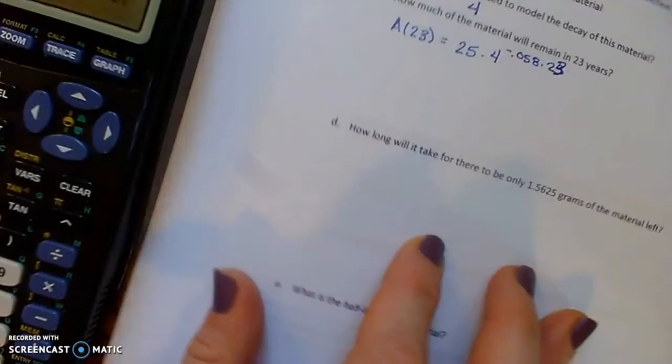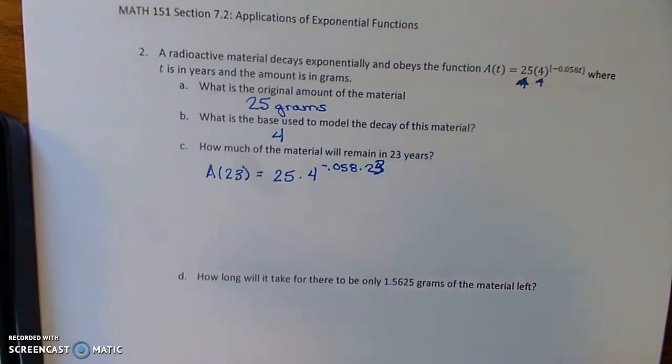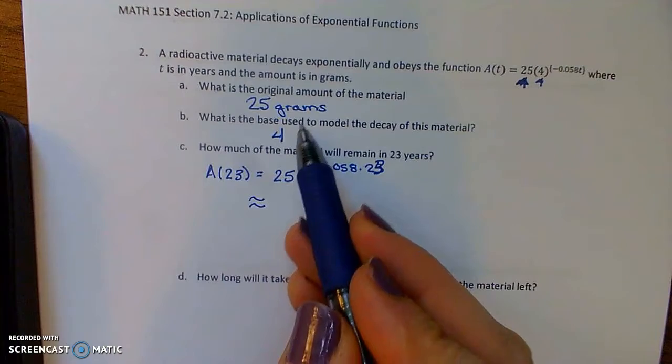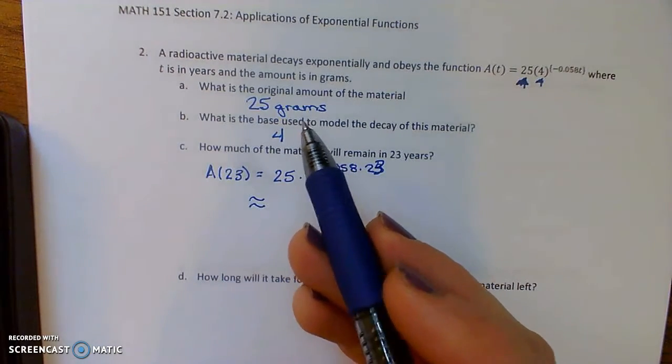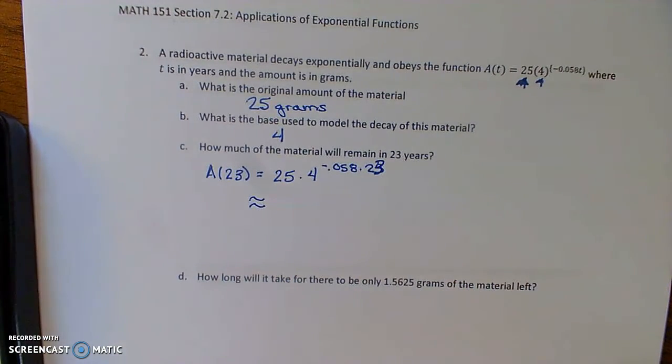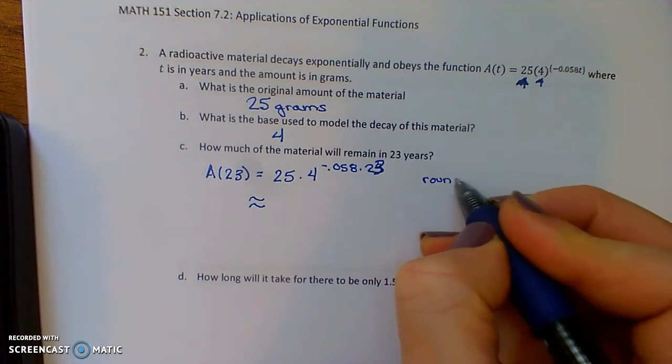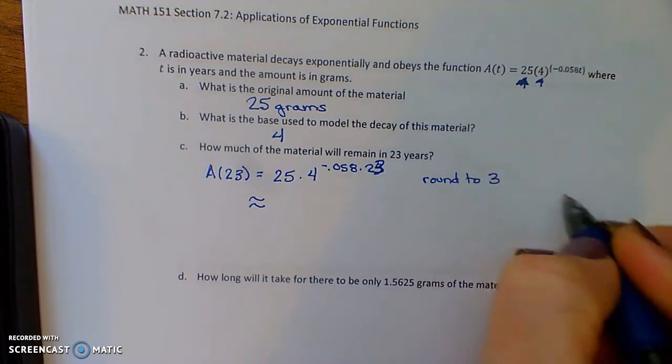And I guess the question is, how do you want to round this number to make sense in the context of the problem? So it's in terms of grams, so maybe it would make sense to have a tenth or a hundredth of a gram. It doesn't tell me, so maybe let's round to say 3 places.